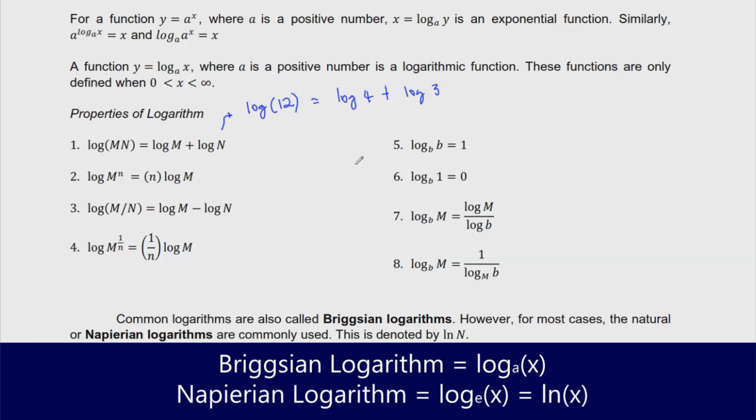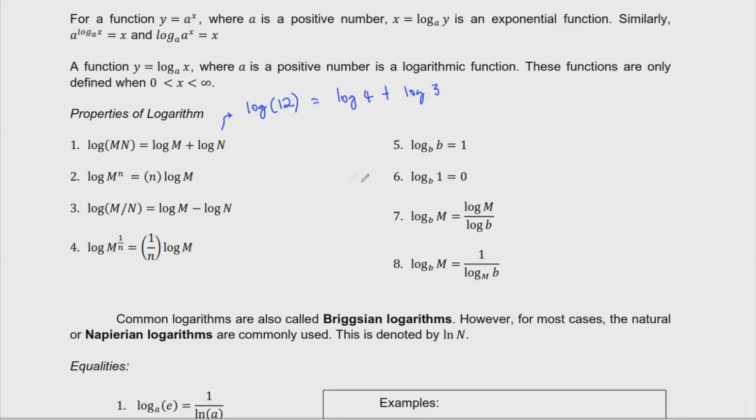This is basically log of the number base e, where e is Euler's constant. We'll be using both of them, but most of the time I'll be using Naperian, because that's the easiest one.